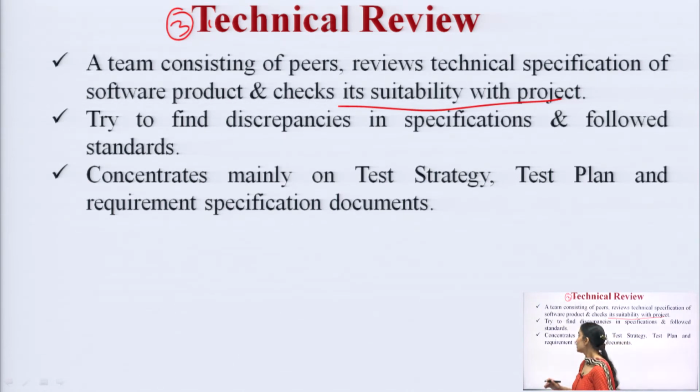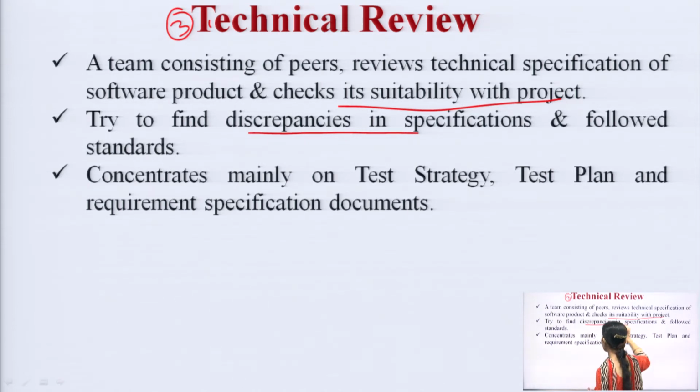So, then it tries to find the discrepancies in the specifications and the followed standards. So, either the process will be changed or there will be some change in the specification. As per specification, the process and the standards need to be changed if there is any discrepancy.